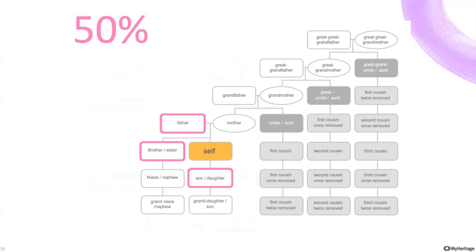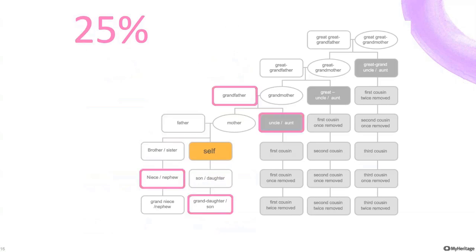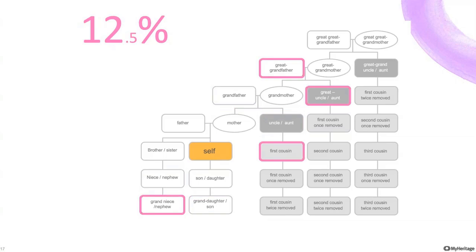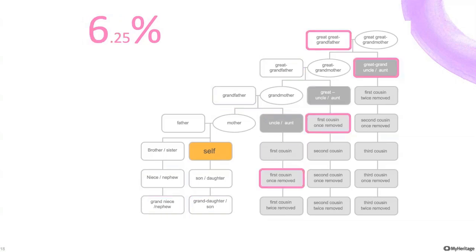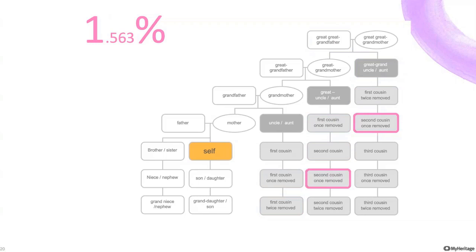So as we saw in the example before, 50% is usually the case for a parent-child match or for siblings. If we jump one generation up, we're already at 25% because every generation, about 50% of the shared DNA is degraded, as we saw in the example before. So now we're talking about the grandparent-grandchild relationship, uncle-niece, maybe. 12.5%, we get even further and further.